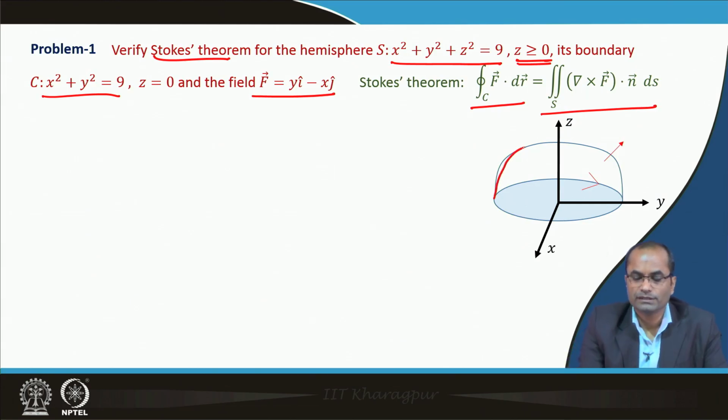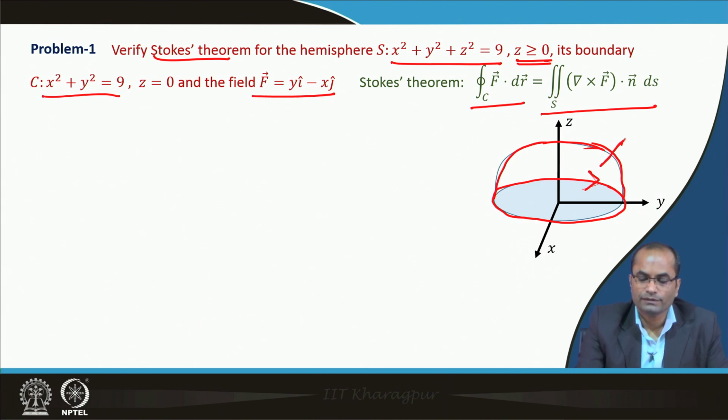We have this hemisphere and its boundary is given by this circle here on the xy plane. Again the same idea: if we take the outer normal and we walk along this curve in this direction, then everything is in line, the surface lies to our left.